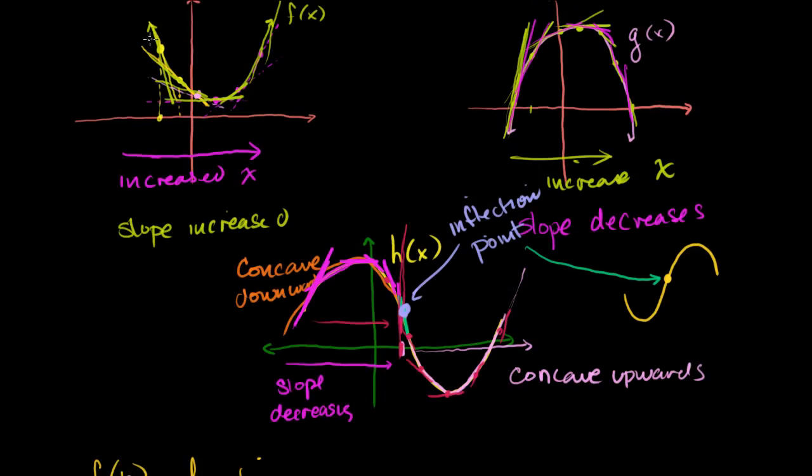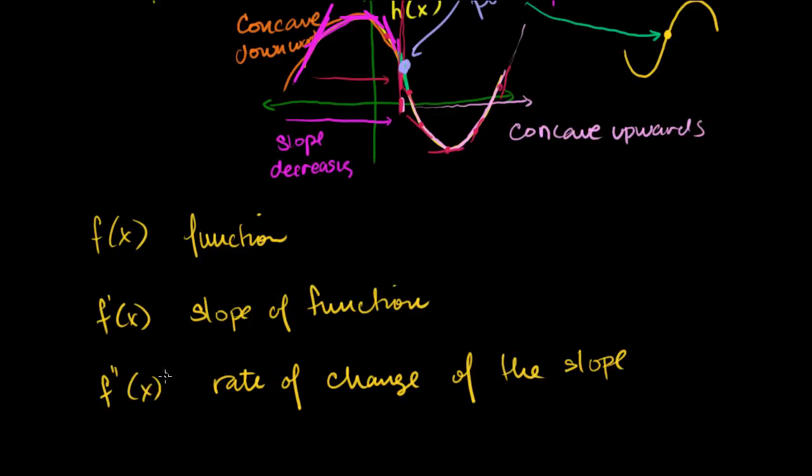Concave upwards is when the slope is increasing, which means that the rate of change of the slope is positive. Well, what that means is that the second derivative, which is the slope of the slope, f prime of x, is going to be greater than 0. That's what concave upward tells us, right? Because if this is greater than 0, that means that the rate of change of the slope is positive. That's what we said was concave upwards.